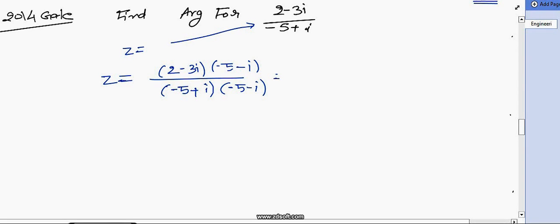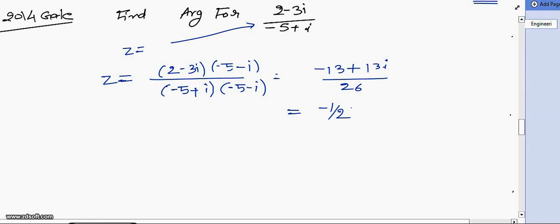On solving this you will get minus 13 plus 13i divided by 26, and this is nothing but minus 1 by 2 plus i by 2.